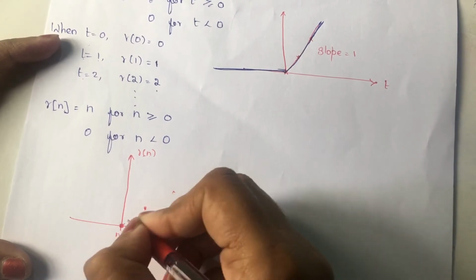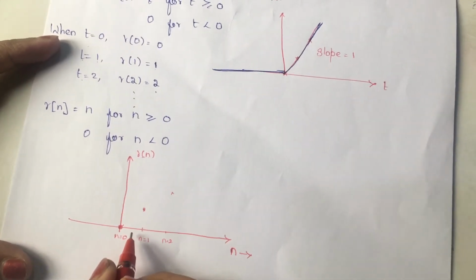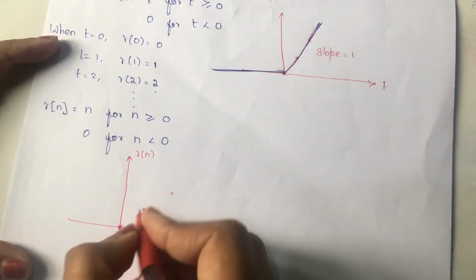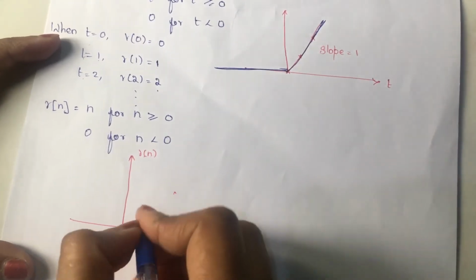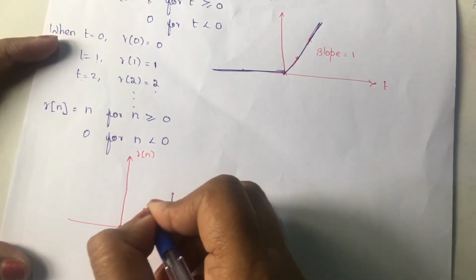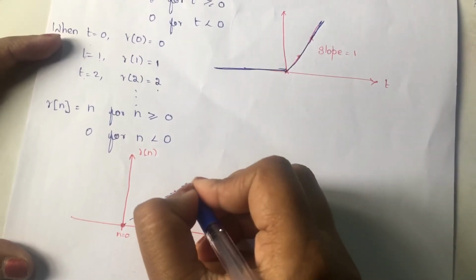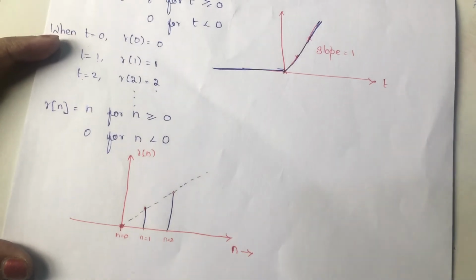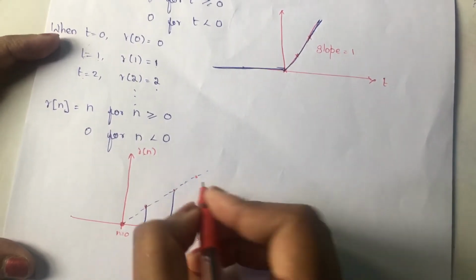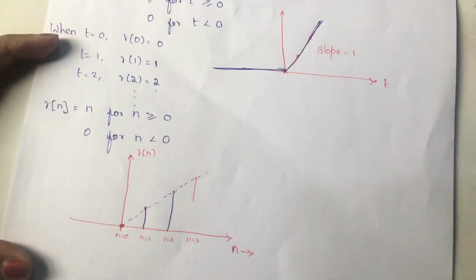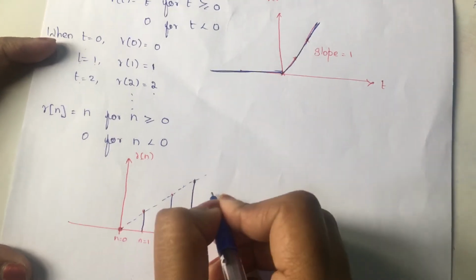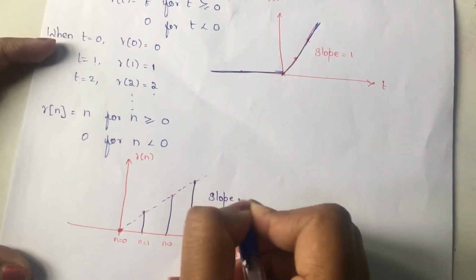Here also it keeps on increasing, but this is not CT type, this is DT type, discrete in time. So we need to draw like this. This is for n equal to 3. On the positive side, here also the slope is 1.